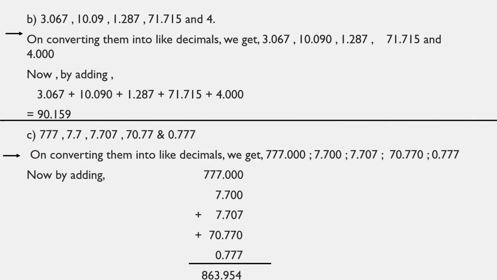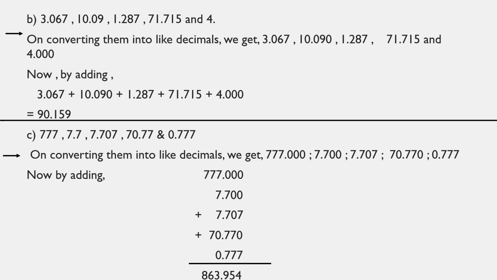Okay children, now we'll see next problem, B1. 3.067, then 10.09, then 1.287, then 71.715 and 4. So as you can see, all these are not like decimals, so I'll convert all these into like decimals. So here maximum decimal places are 3, so we'll convert all these decimals up to 3 decimal places.